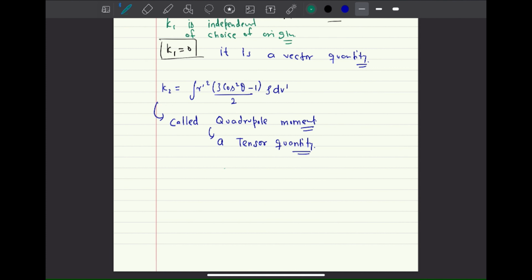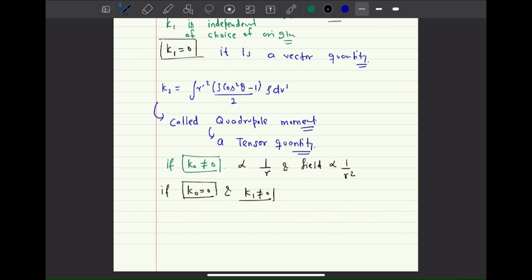Now we will see the variation of potential and fields. If K0 is non-zero, then potential will vary as 1 over r, and the electric field will vary as 1 over r square. If K0 is 0 and K1 is non-zero, then potential will vary as 1 upon r square and field will vary as 1 upon r cube.